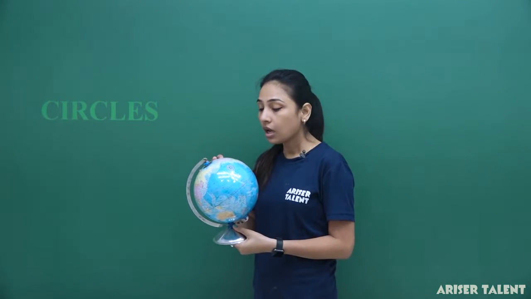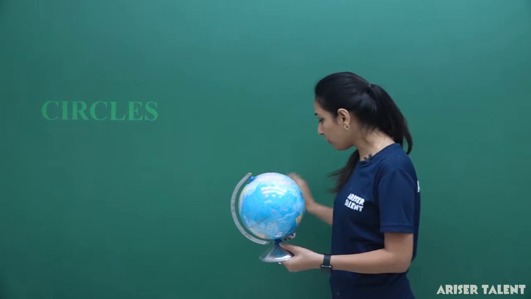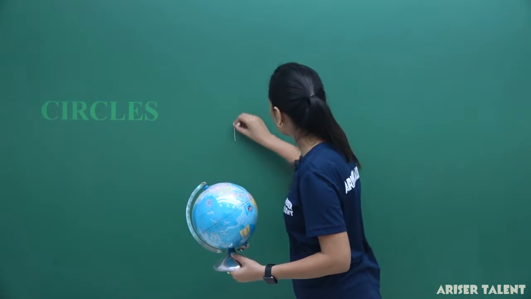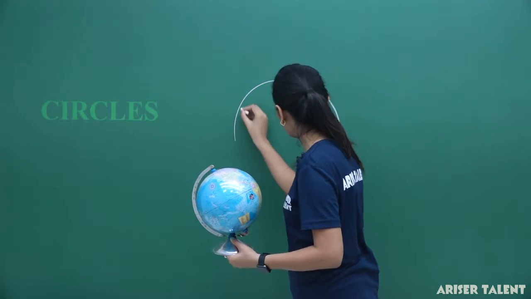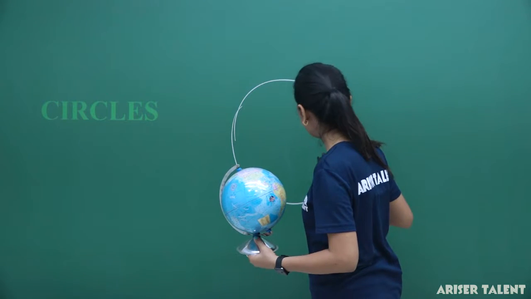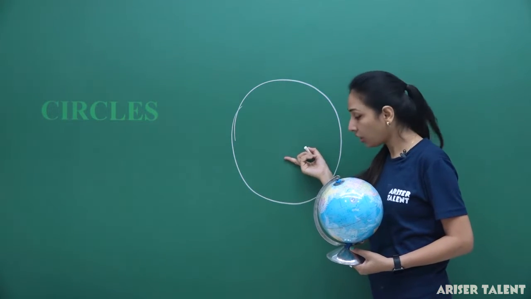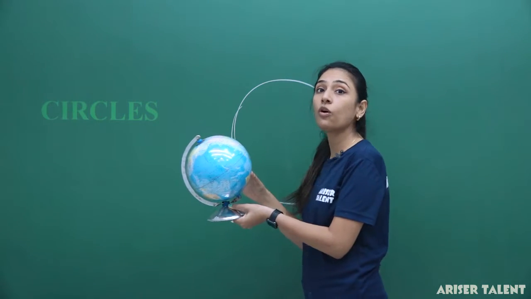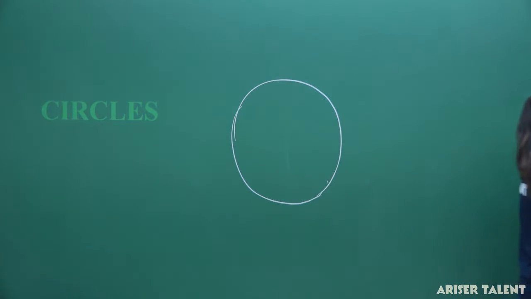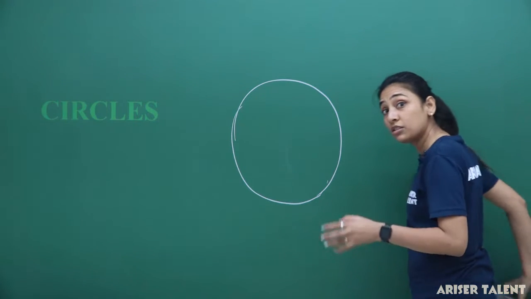But students, when I draw this in 2D, when I draw this on a board, what will I draw? I'll draw just a circle. So in 2D I will represent it in this way, right? So this is also a circle, right students?